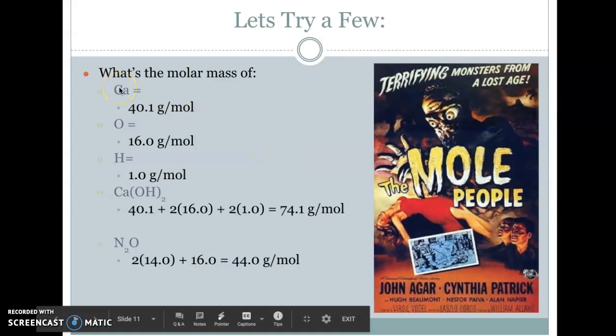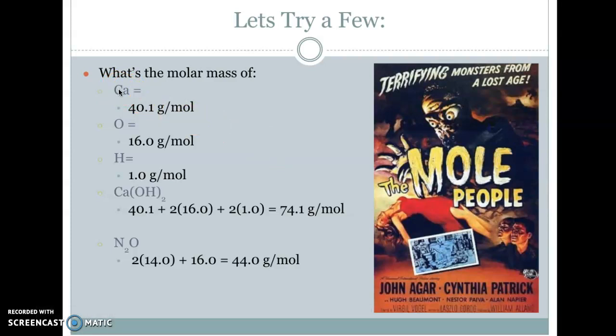So calcium, that's over on the left side, it's element number 20, but for its mass it says 40.078. So when we round that off to a tenth, it ends up being 40.1. And the units of molar mass, you want to put grams per mole for each of these, grams per mole.